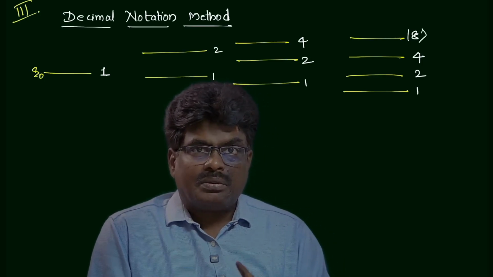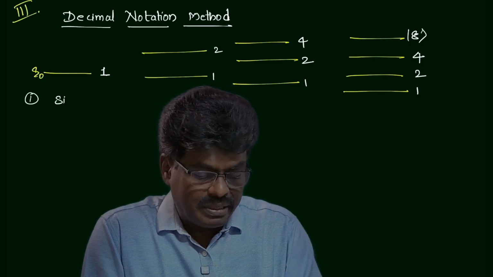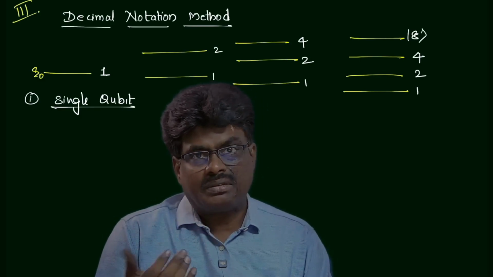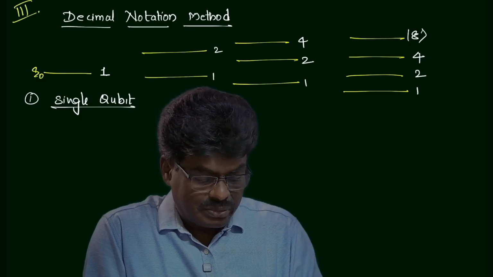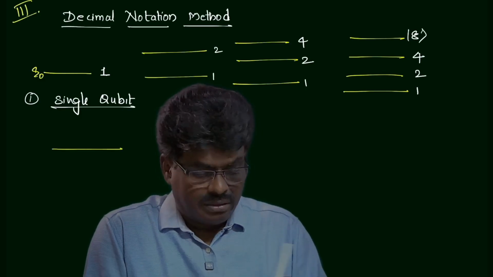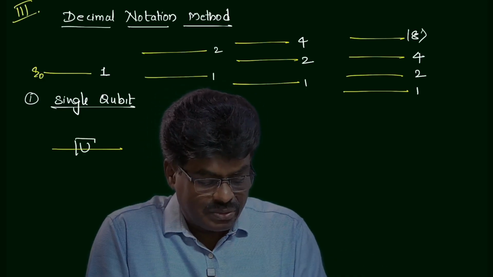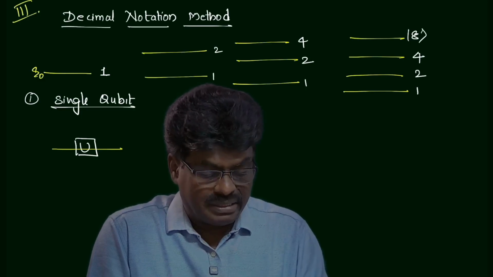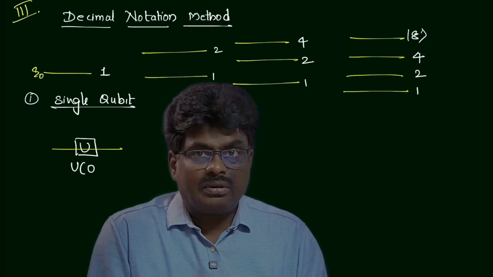Okay. So next thing, for example, you have a single qubit gate. I'm explaining briefly, so if you want more clearly, I request you please watch the first lecture. Let us suppose you have a single qubit state and the gate is also a single qubit gate, let us say U. For this, what I have explained, the operation here is U of, so there is no control, only target.